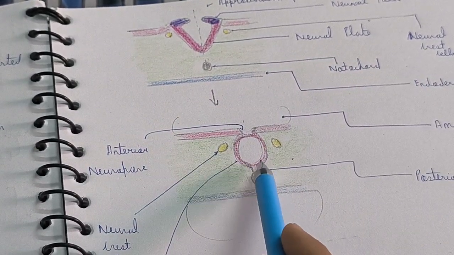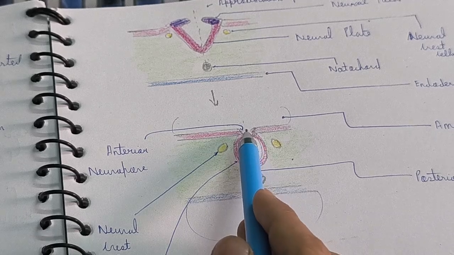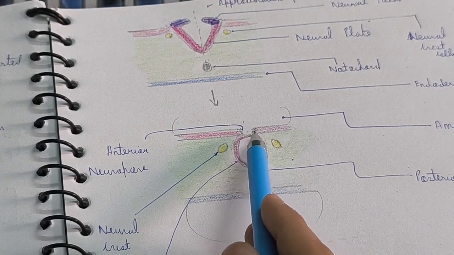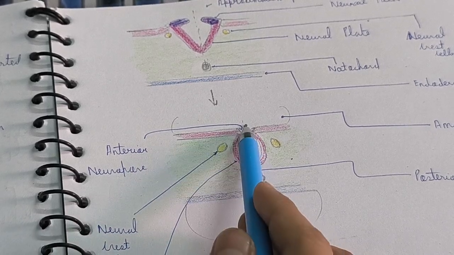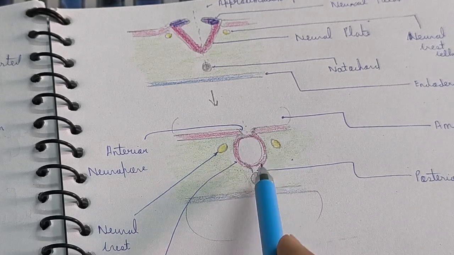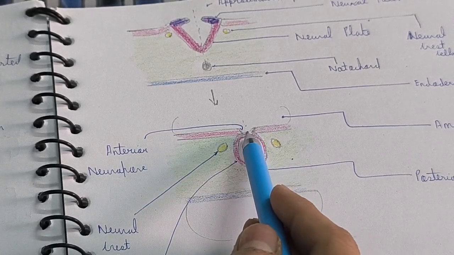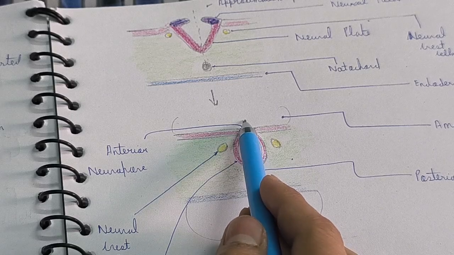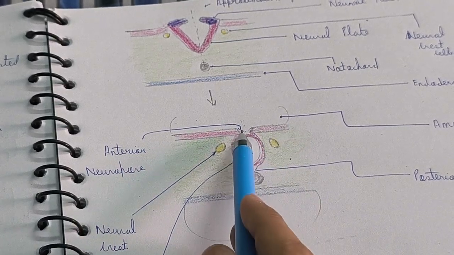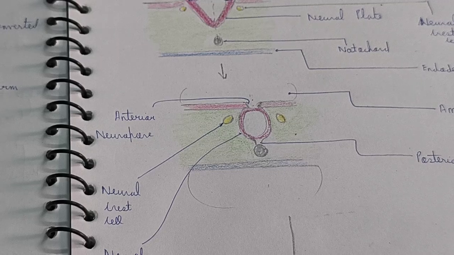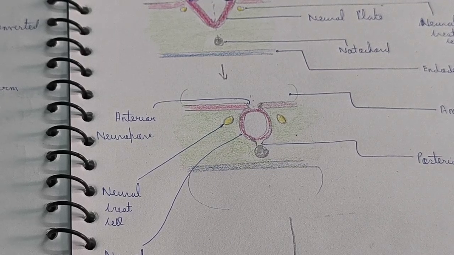Now though the neural tube has been formed, it has anterior and posterior neuropores, and due to these anterior and posterior neuropores, it is not completely formed, and also due to the anterior neuropore, it is connected to the amniotic cavity to get nutrition till the complete circulatory system develops.